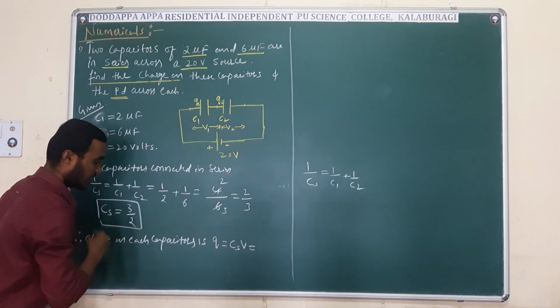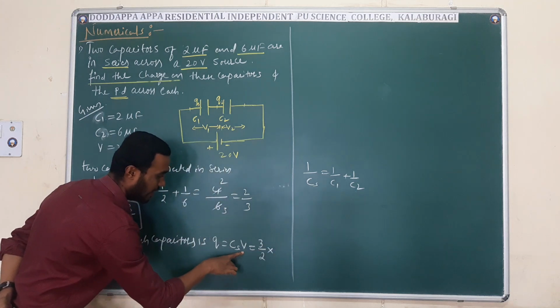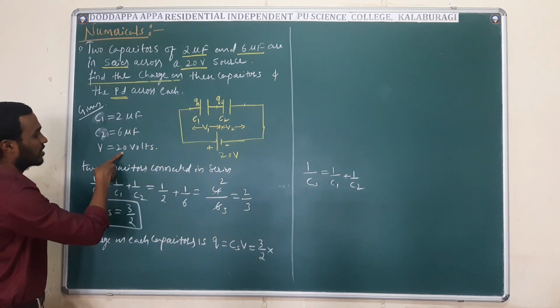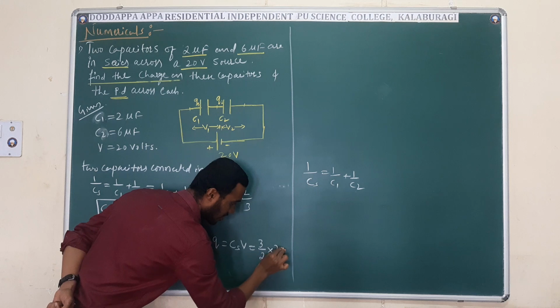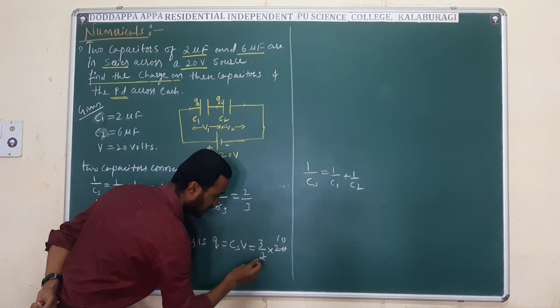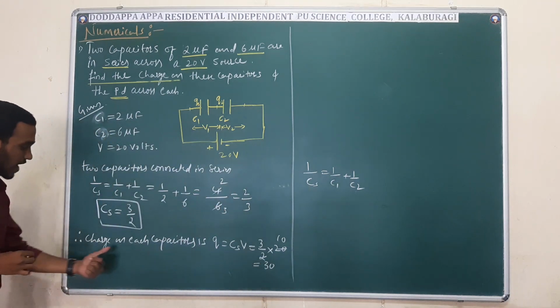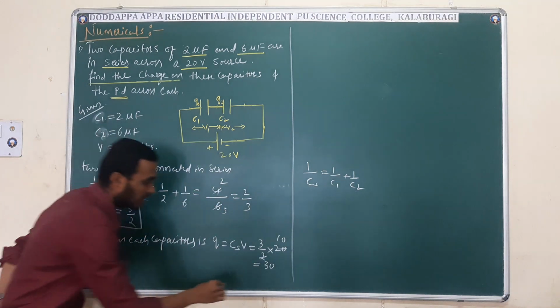Cs is 3 by 2 into V, which is 20. 2 ones are 10, so the answer is 30, the charge.